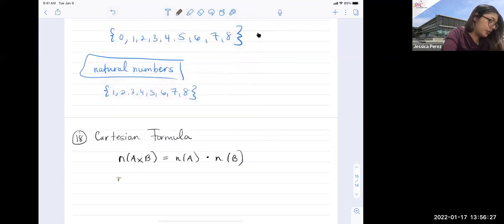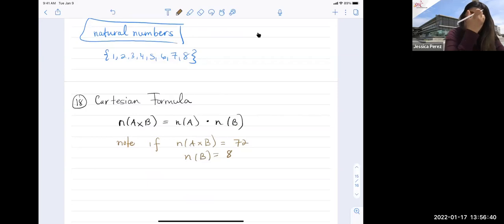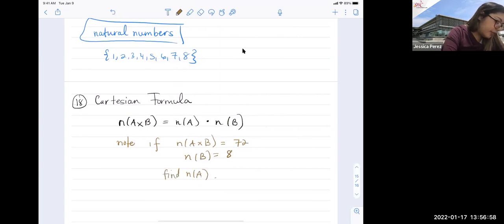So note, if I have n of A cross B to be equal to 72 and n of B is equal to 8, and I want to find n of A, what do you have to do?